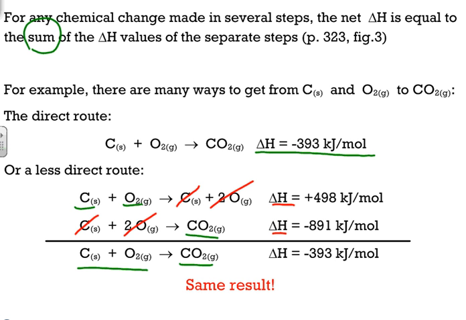So how does that apply to my enthalpies? Well, basically, if I take these two and I add them together, I get the exact same number that I did for the direct route. So we're actually going to manipulate equations, cancel stuff out, and then add up our enthalpy values to get the final enthalpy of whichever reaction we're dealing with.